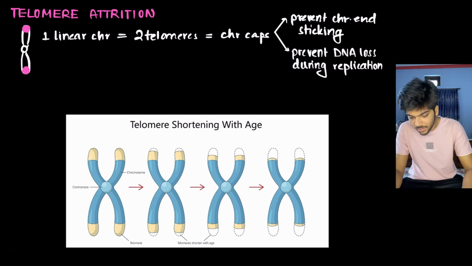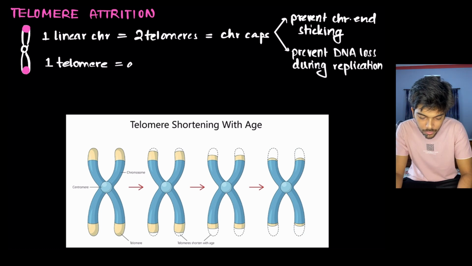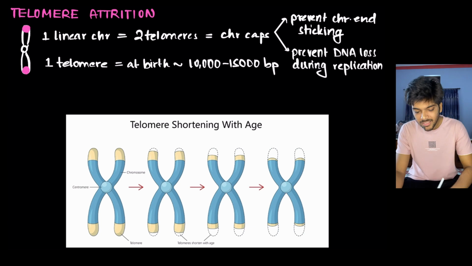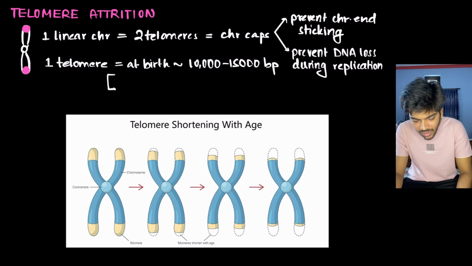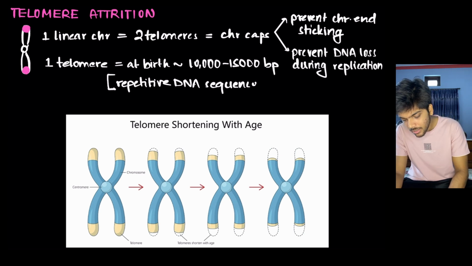See, here's the concept. One telomere at the time of birth contains around 10,000 to 15,000 base pairs. These base pairs are nothing but a repetitive DNA sequence. What sequence?